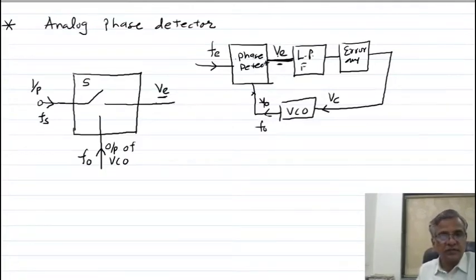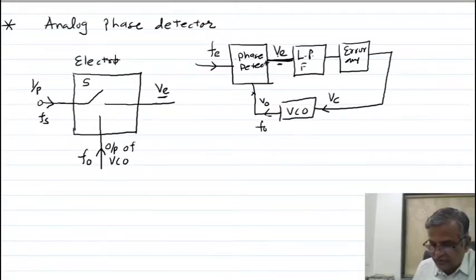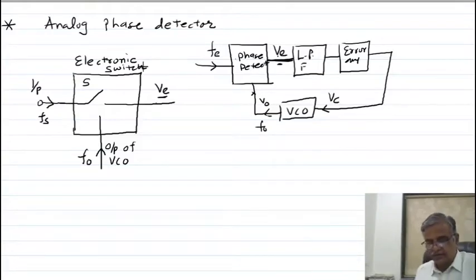Now listen, the symbolic representation of the analog type phase detector is as shown in the figure. This is the electronic switch. The input signal is coming from here, this is the output of the VCO, and as a result you will get some output of the phase detector, which I have written as VE.